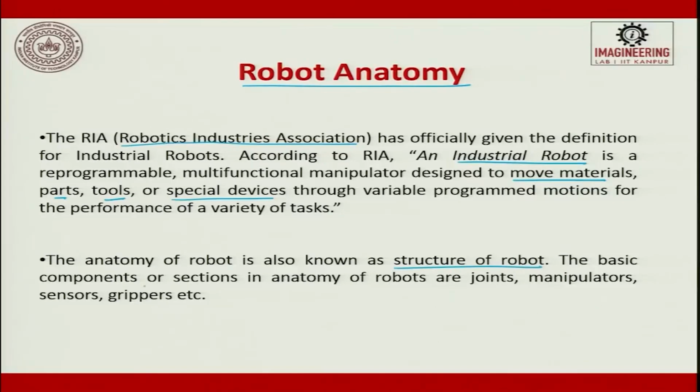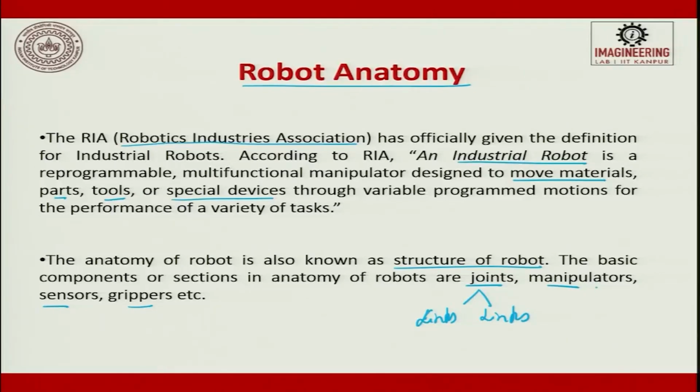The anatomy of a robo is also called the structure of robo. The basic components or selection in anatomy of robots are joints, manipulators, sensors and grippers. Joints are used to connect links. Two links are connected by a joint. So, this joint can give you rotational motion or linear motion. Then manipulator.